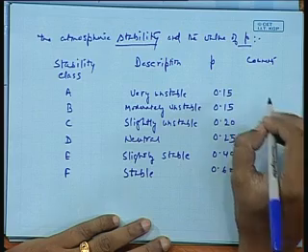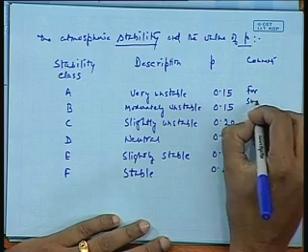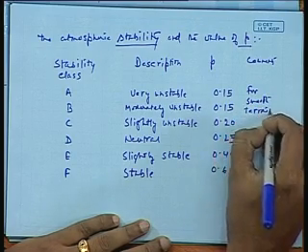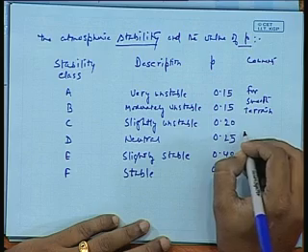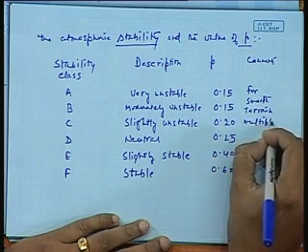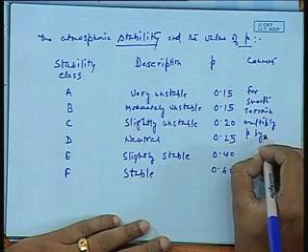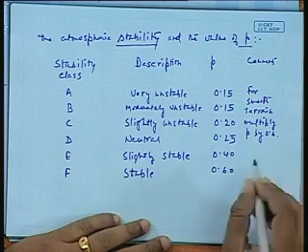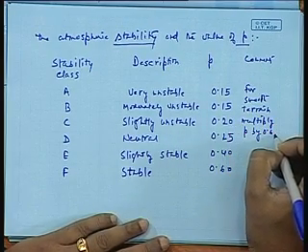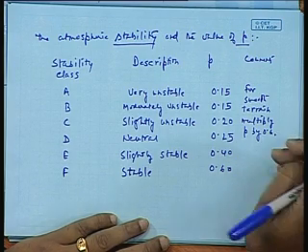And the comment should be, for smooth terrain, multiply P by 0.6. So, interestingly, for smooth terrain multiply by 0.6. See, this is a reducing factor. You can see this. This is a reducing factor for smooth terrain.